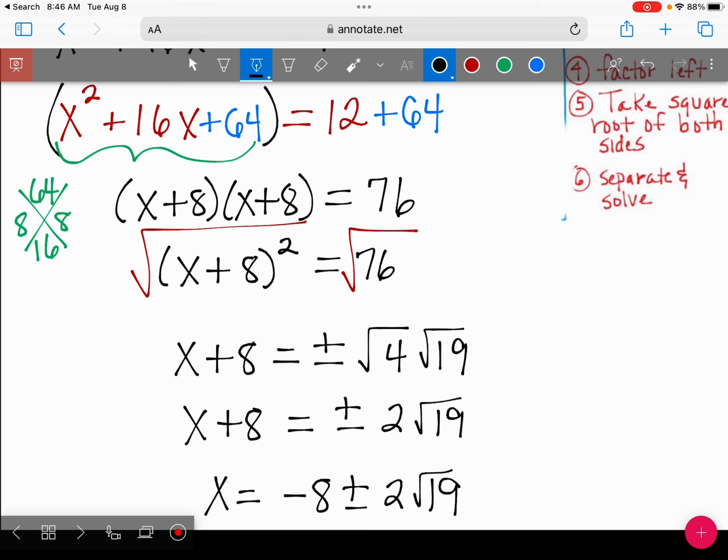So let's talk about what is a perfect square. 1 times 1 doesn't count. What's 2 times 2? 3 times 3? 4 times 4? 5 times 5? 6 times 6? 7 times 7? 8 times 8? 9 times 9? And 10 times 10?